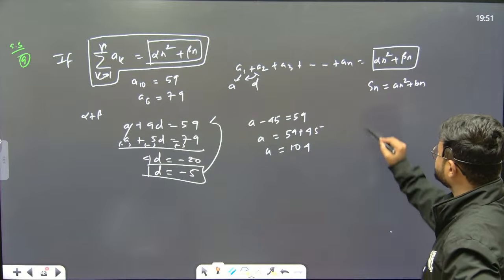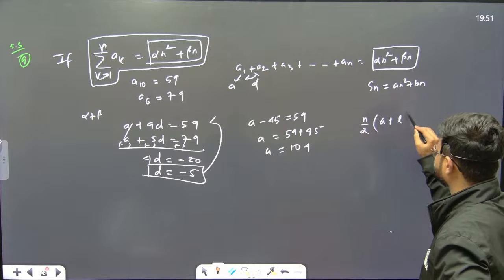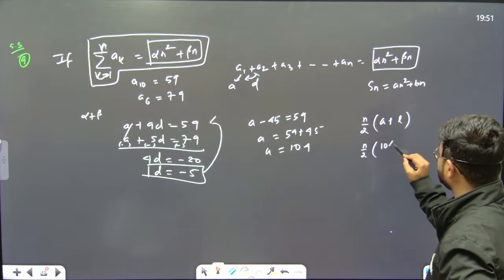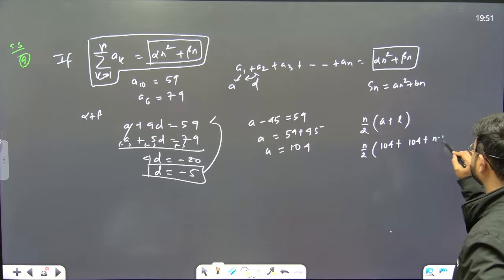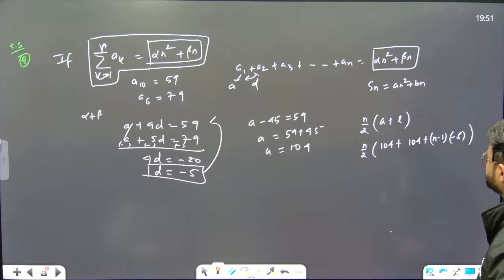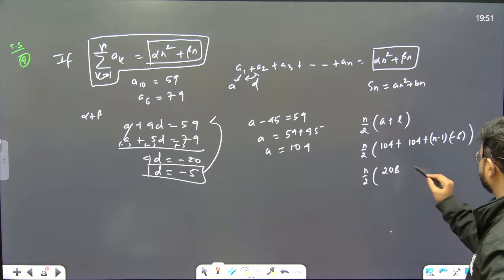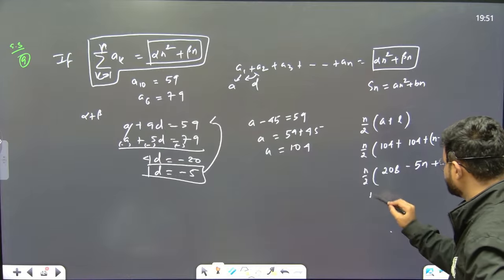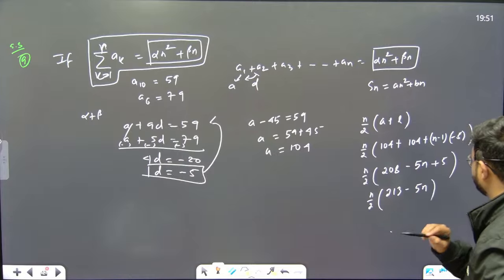Now you can use the formula directly: n by 2 times first term plus last term. The first term is 104 and the last term is 104 plus n minus 1 into the common difference, which is minus 5. So to calculate this value, n by 2 times 208 minus 5n plus 5. So this is going to be n by 2 times 213 minus 5n, right?